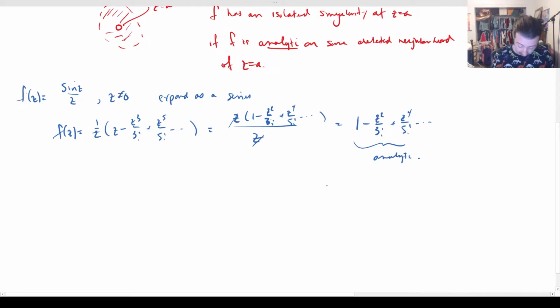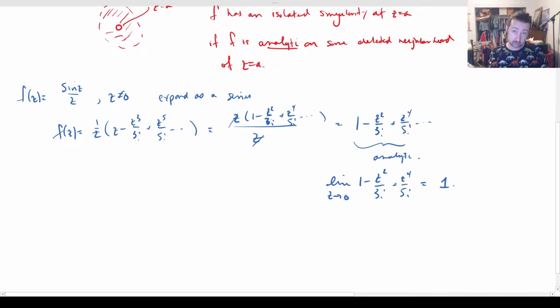And the limit, even though we started with the assumption that z was not 0, this is not defined for z equals 0, if we take the limit as z goes to 0 of this thing, well, it certainly isn't hard to believe that all the z's go to 0, and so this whole thing is equal to 1.